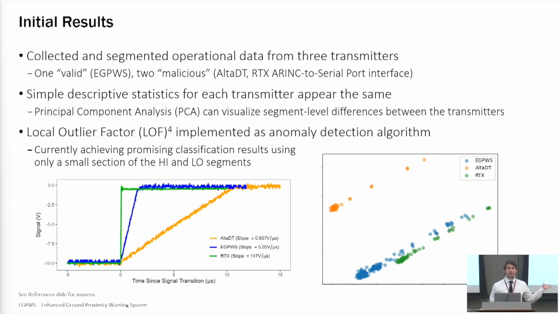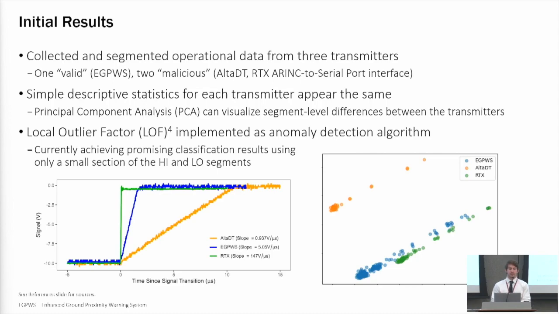However, if we do PCA, principal component analysis, on these high segments, which again was done in the paper, you can see that these segment level differences really start to separate themselves out once we've collapsed them down into this 2-dimensional space. And then finally, they chose local outlier factor as their anomaly detection algorithm.